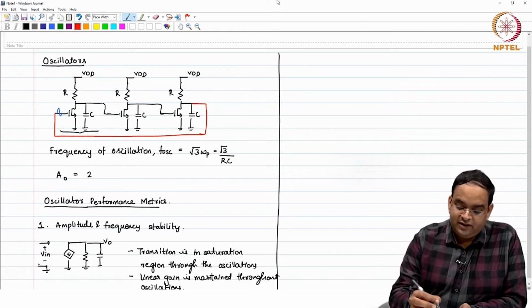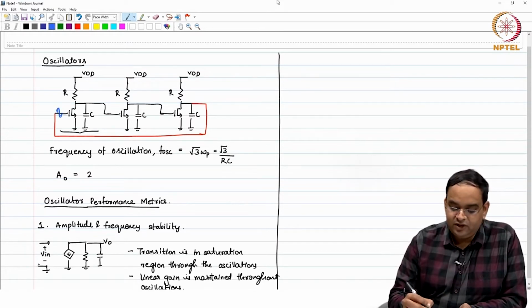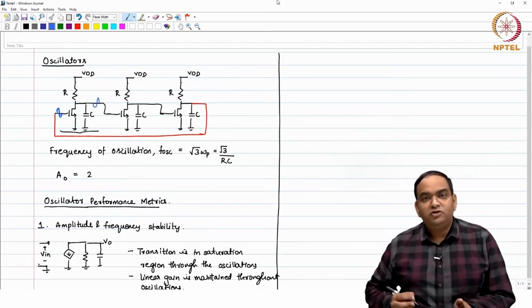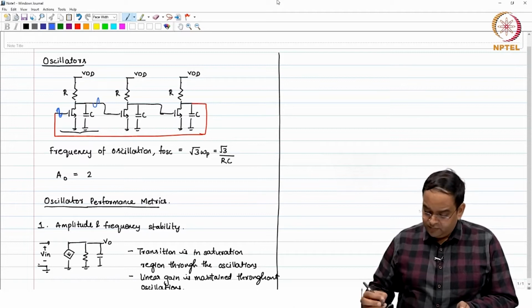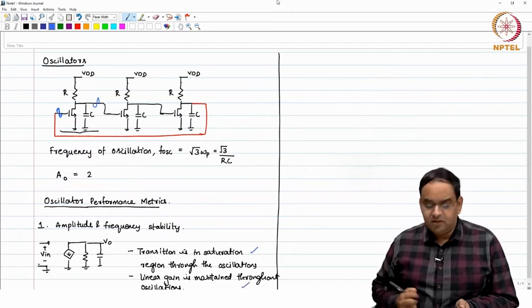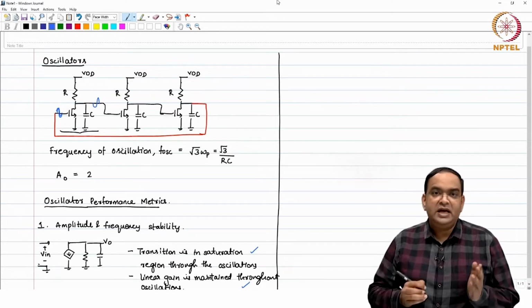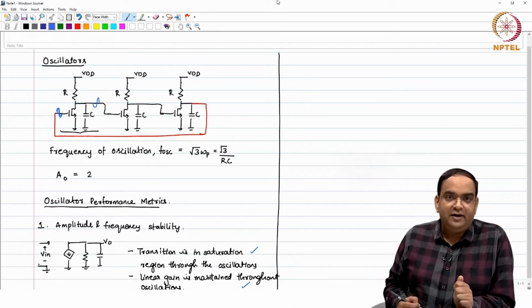So, the swing can be 1 millivolt, or the swing can be 100 millivolts, till the time these two conditions are satisfied: the transistor is in saturation region and our linear gain approximation is valid.